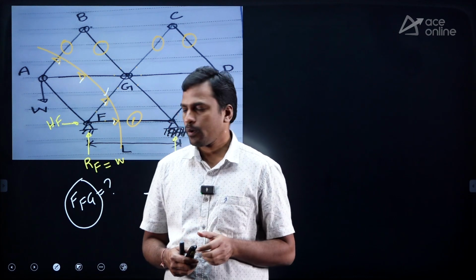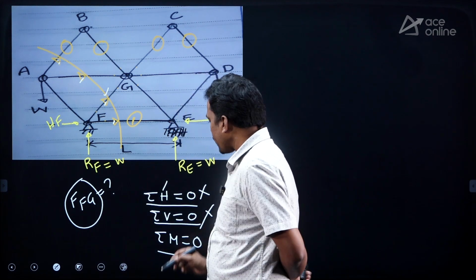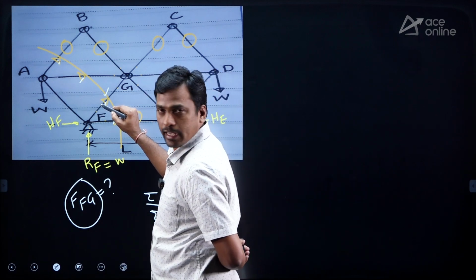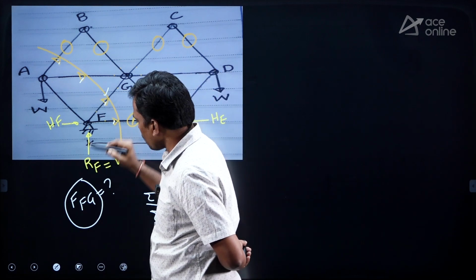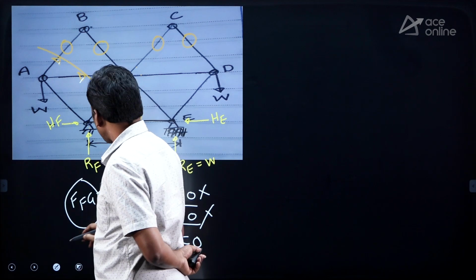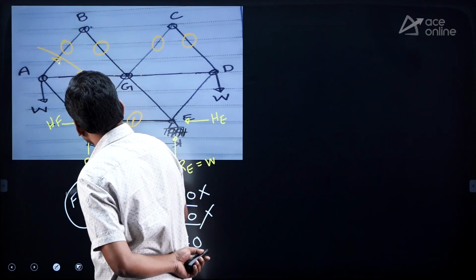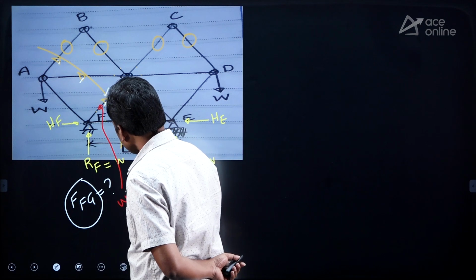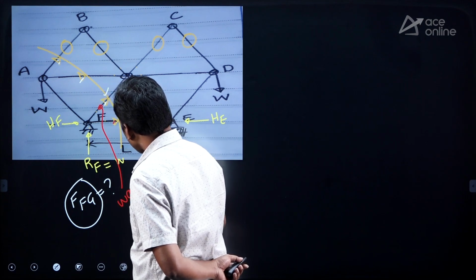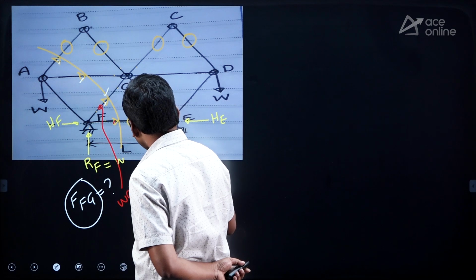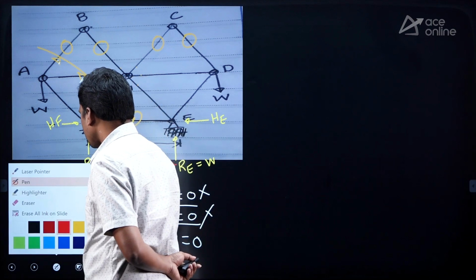Now how to know if sigma m is possible or not? We have to find the force in member FG, so this is the wanted member. The remaining cut members are unwanted members.